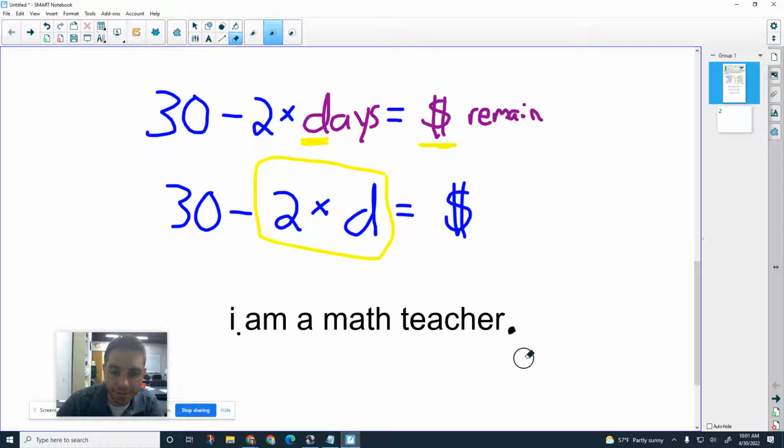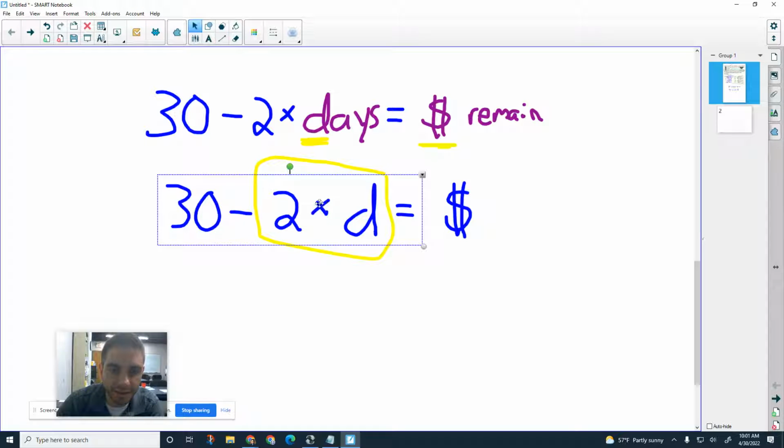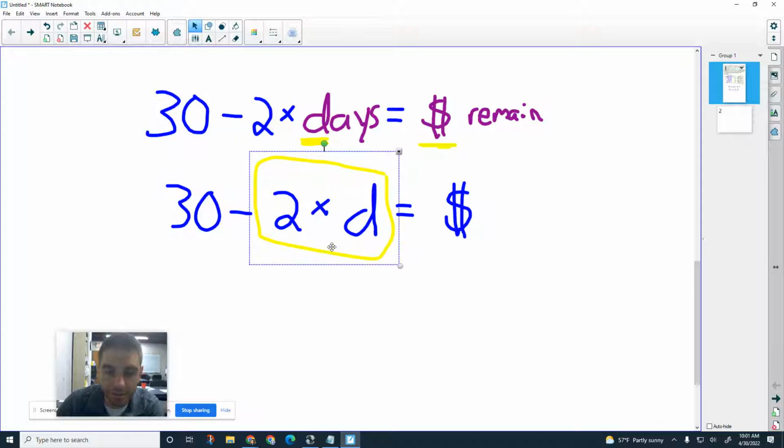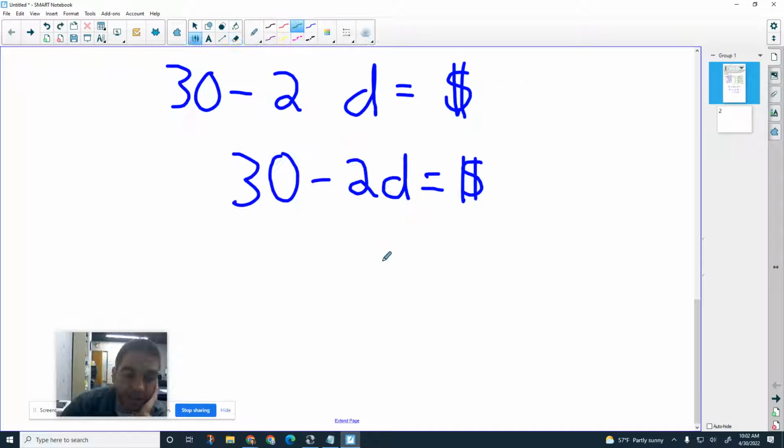In the same way, this little extra x right here is bad grammar for algebra. So to fix it, all we do is take it away. We just erase it. We've only actually got one more step to go to get this into pure algebra language. And it's this step.